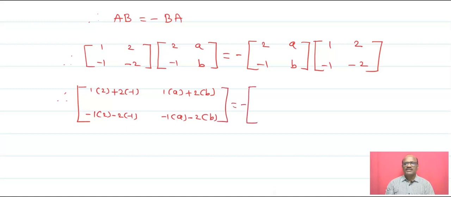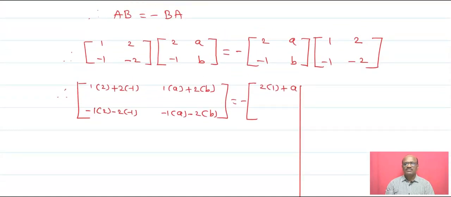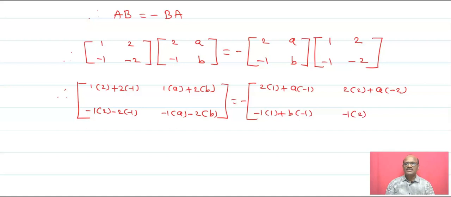Now on the right hand side, same multiplication is there. First row, first column, first row, second column, and second row, first column, and last is second row, second column. Now see this multiplication.